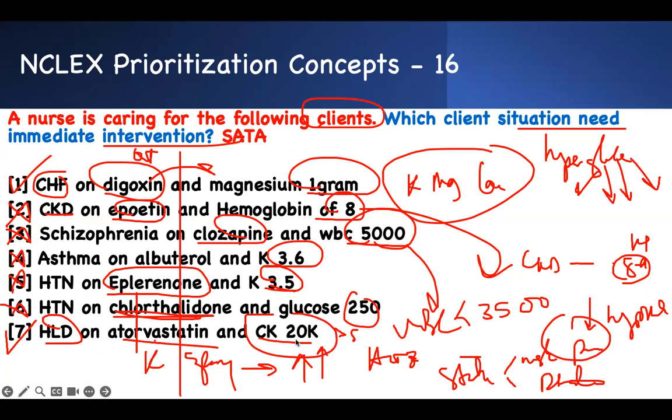Creatine kinase is the protein of the muscle. When muscle gets destroyed, it will leak into the blood, and 20,000 is too high. So 1 and 7 are your key. If you don't know it, select or apply. Pick those that you know. If you don't know, just don't guess. Just leave it. Pick those you know.